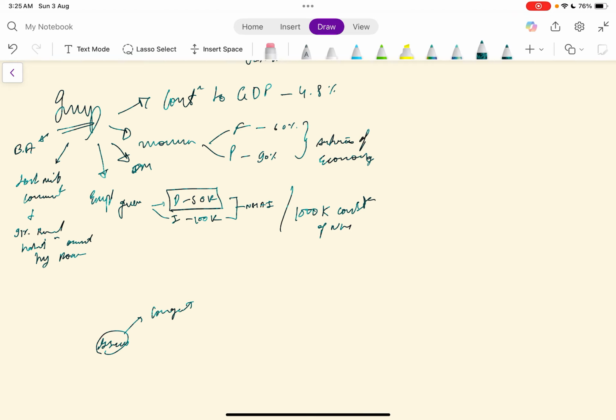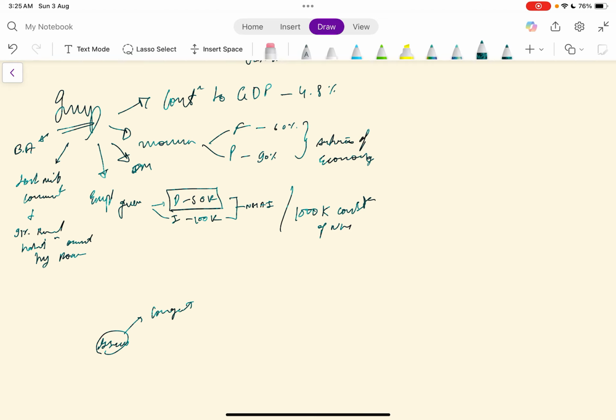So 2.5% of the network carrying around 40% of freight is one of the reasons why there is congestion.